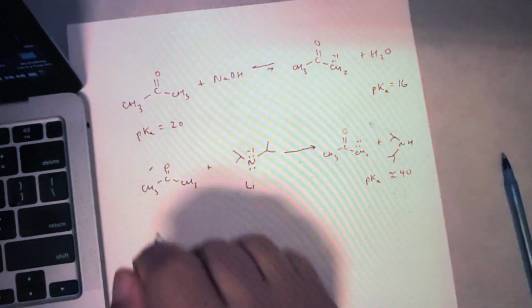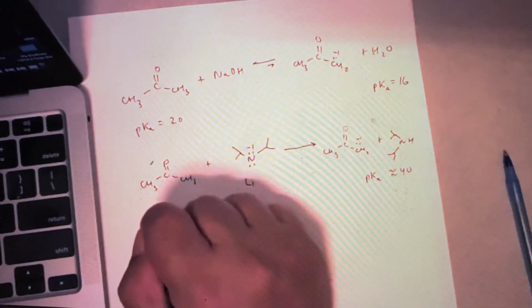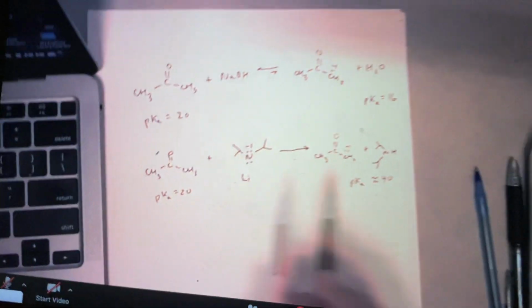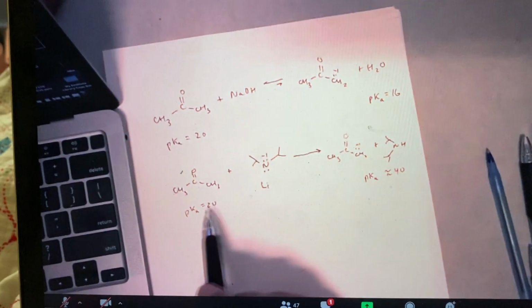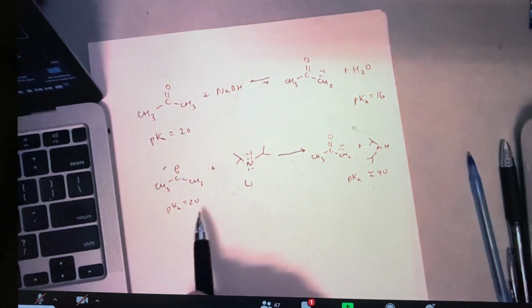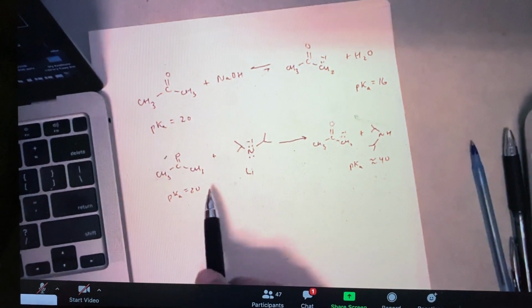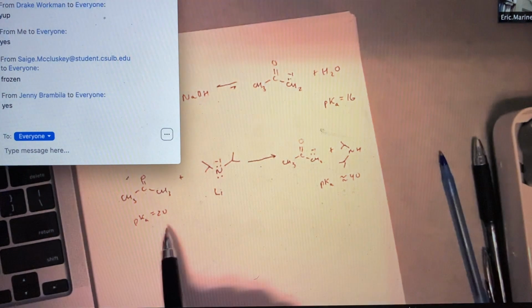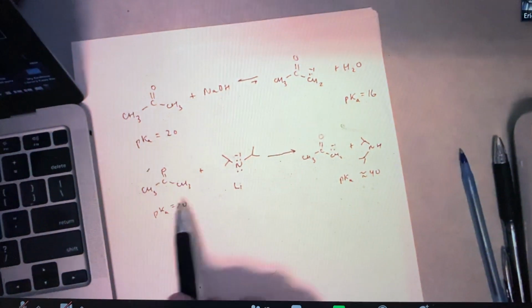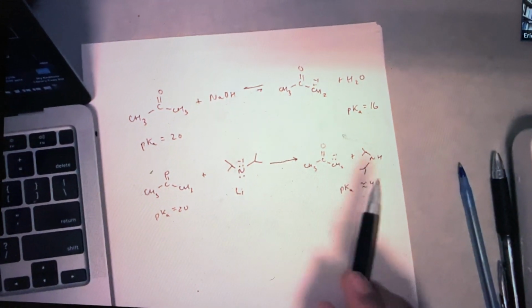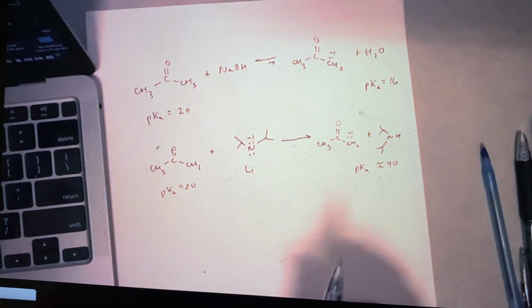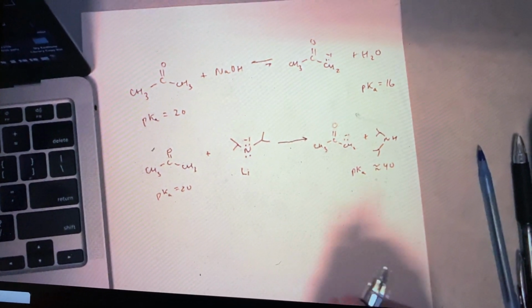Okay. So you can see here, if you want to measure the equilibrium, you basically have the difference of power of 20, right? Since pKa values are logarithmic, the difference of 40 to 20 is 20. The reason it's shifted all the way to the right is we can roughly say that the equilibrium constant K is 10 to the power 20. That's a big number.